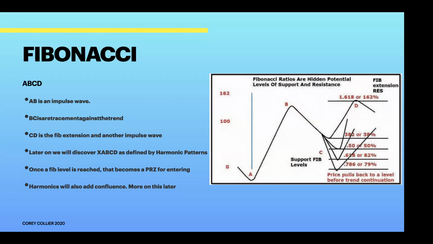So if we're expecting that entry, we can honestly expect a pretty slow move away from that, away from C to our fib extension at the point of wave D. Okay, so now I'm giving you guys realistic expectations, and characteristics of the move after you enter, right? And this is why sometimes people may close their orders a little bit early if they find that it moved a little bit slow.